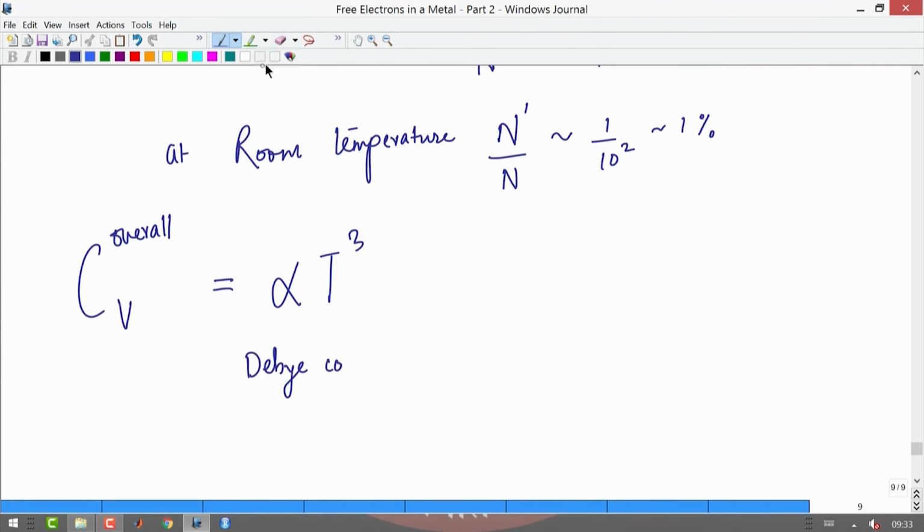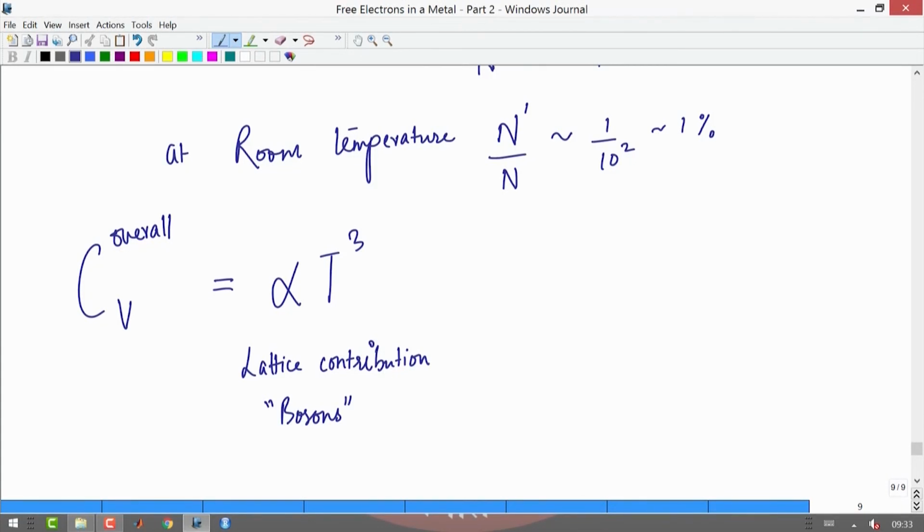So, I will say the lattice contribution, vibration of ions, that is meant by lattice contribution, and this is basically the contribution coming from bosons.